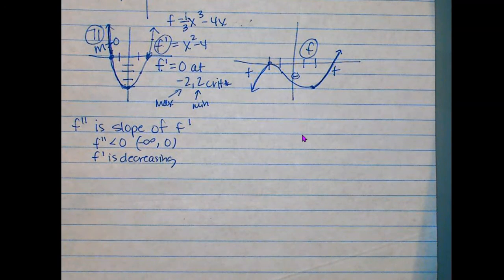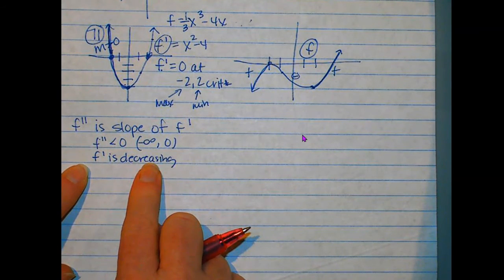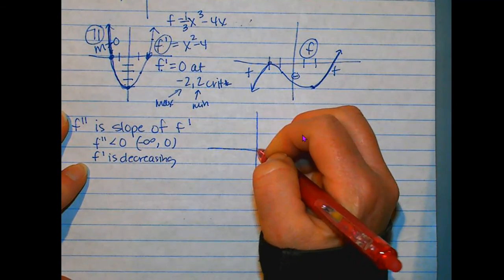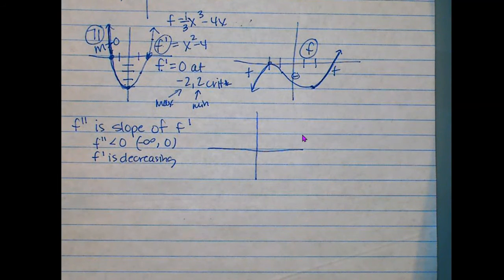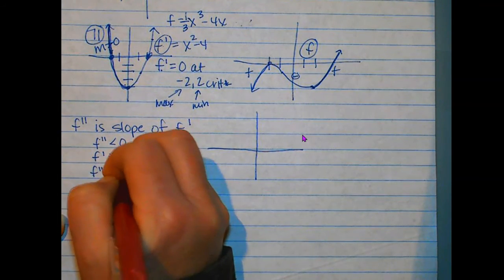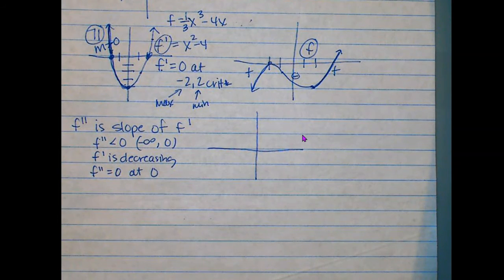It is the derivative. This makes it second derivative by using decreasing. So that means if we were to graph it, when we get to 0, is it ever 0? When is the second derivative equal to 0? At 0. At the minimum of the first derivative.